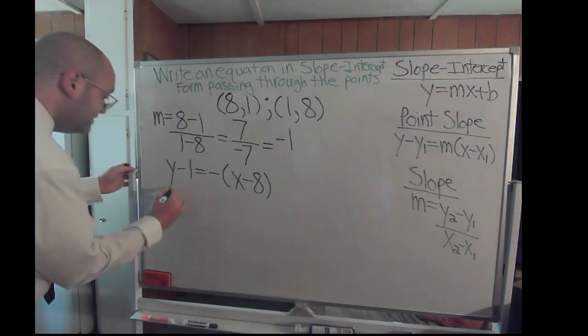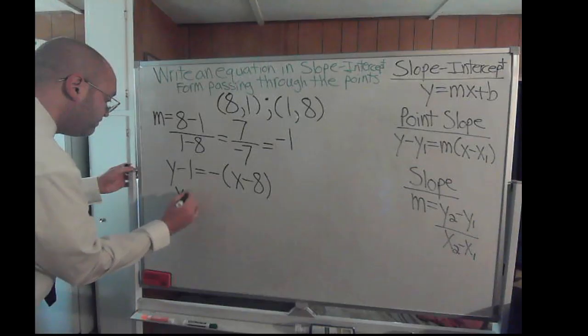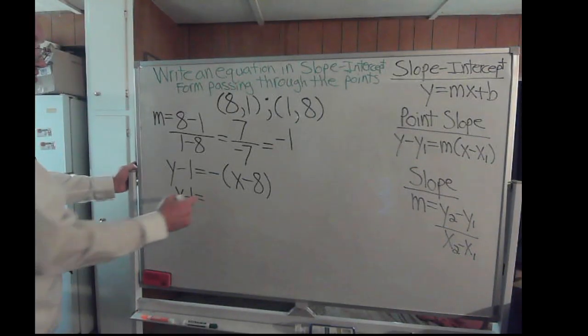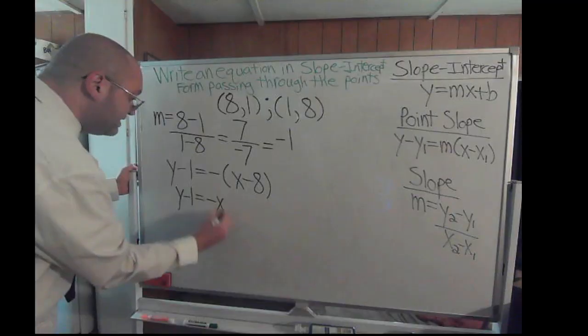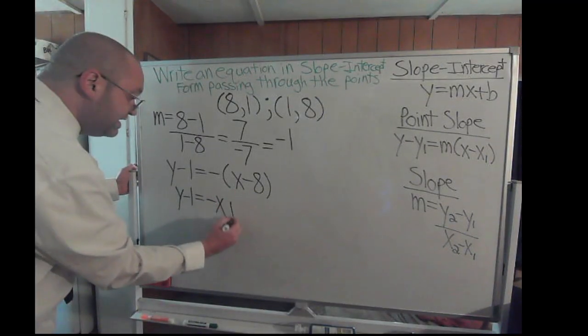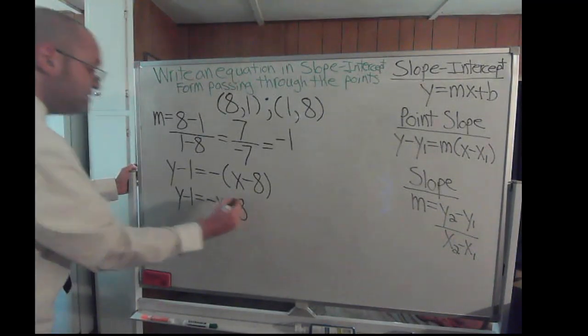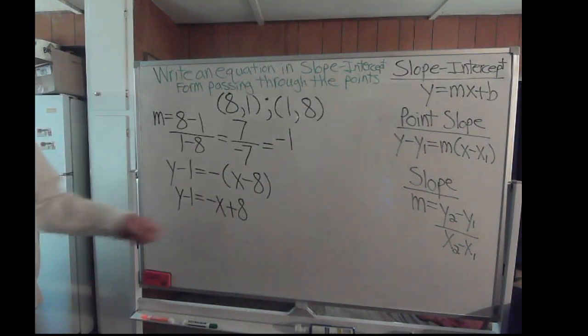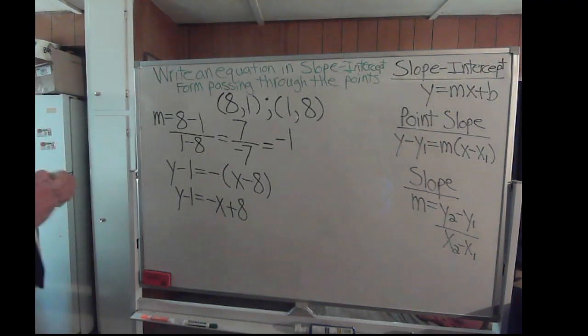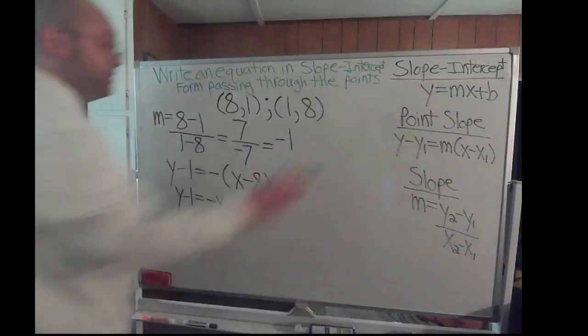Keep your y minus 1 for a minute. That'll be equal to, let's do your distributive on the negative sign. You'll have negative x, then negative 8, that's actually plus 8. So far you have y minus 1 equals negative x plus 8. Well, we want to get this in slope-intercept form.